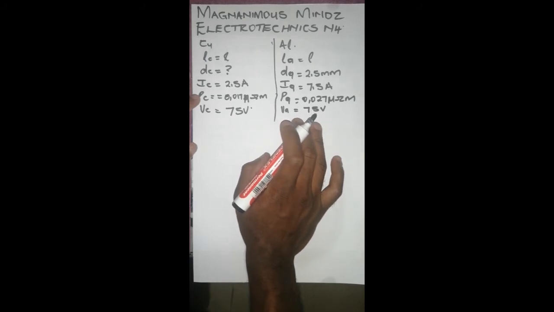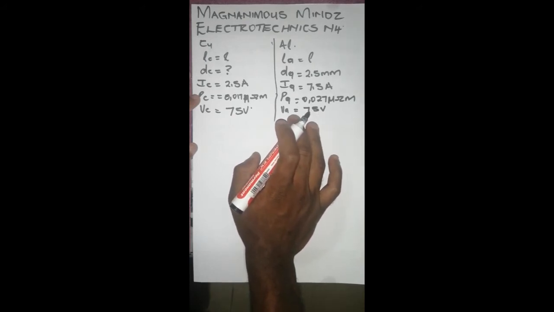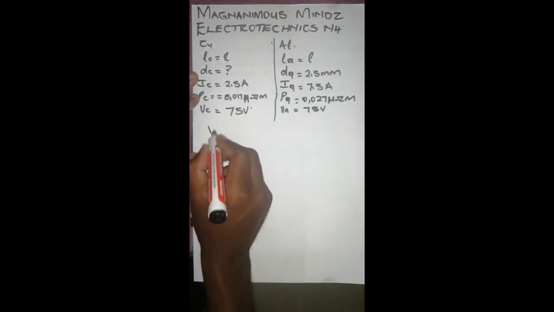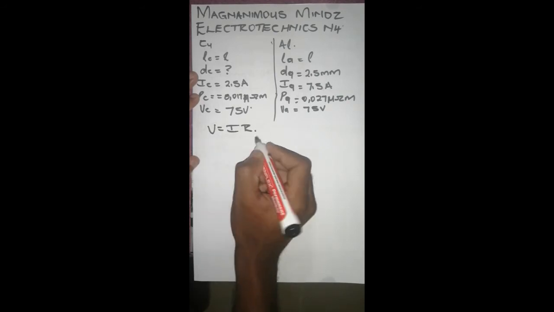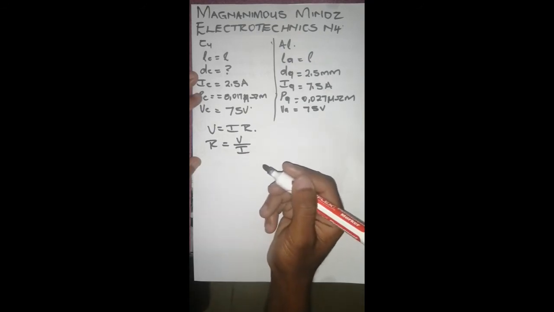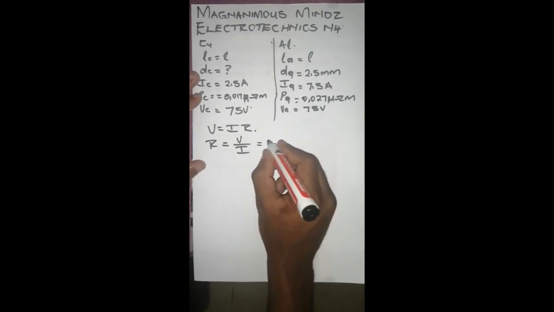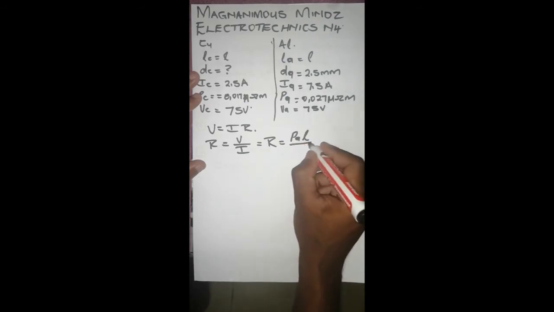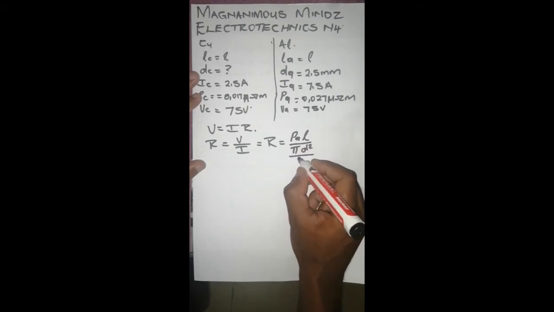We've got the voltage and the current for aluminum, so we can get R, and we also have all the values that are needed to calculate the resistance R except L. So using the formula V equals IR, we get that R equals V over I, and then from this we know that R equals resistivity coefficient times L over pi d squared over 4.